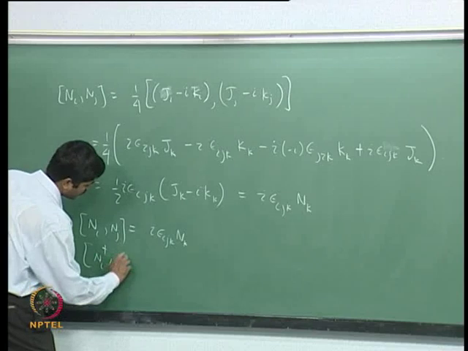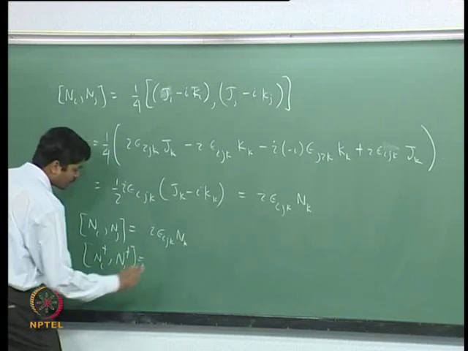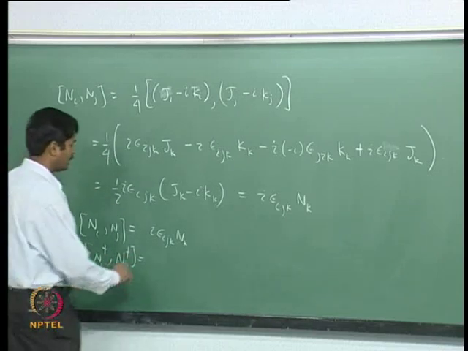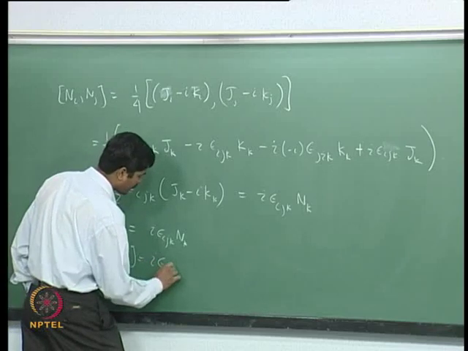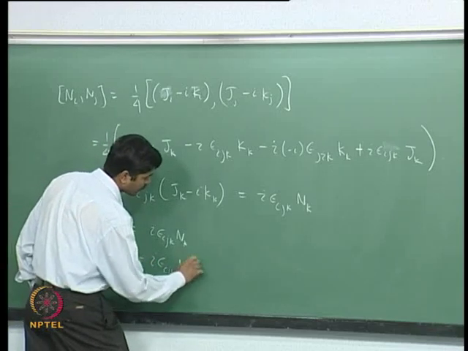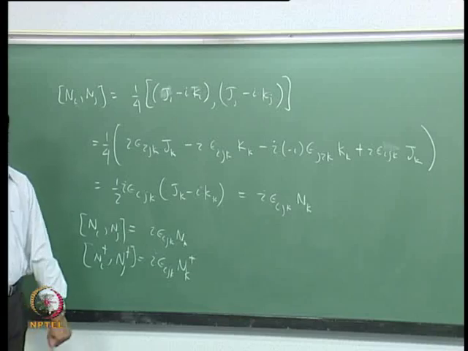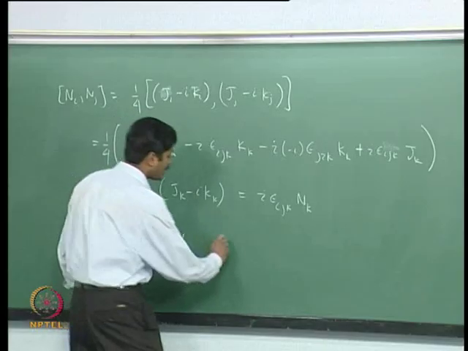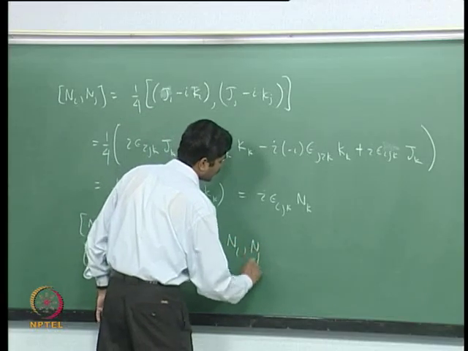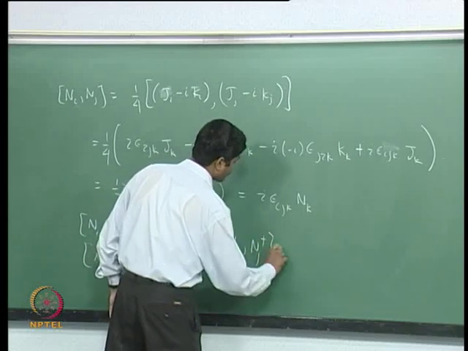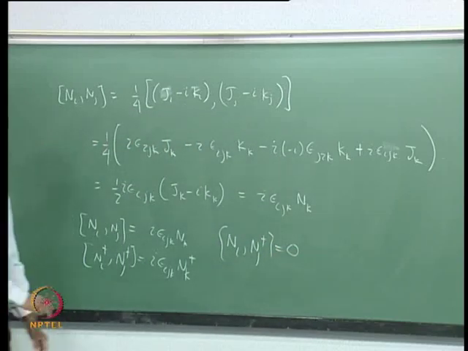Ni dagger and Nj dagger will also give you i epsilon ijk Nk dagger, and more importantly, the Ni and Nj dagger commute with each other.